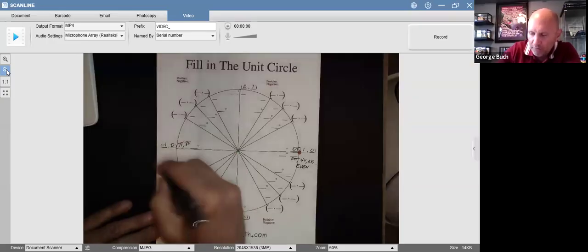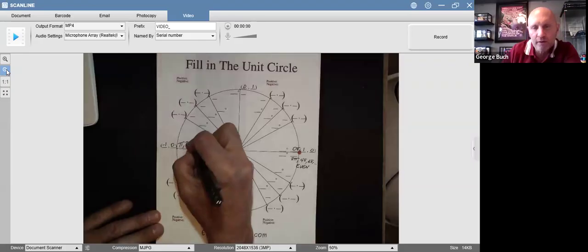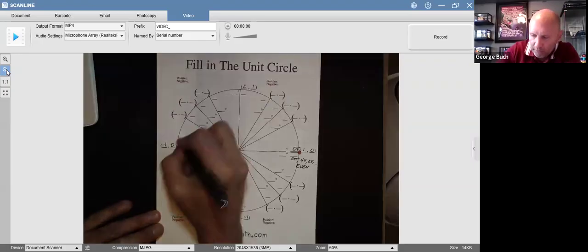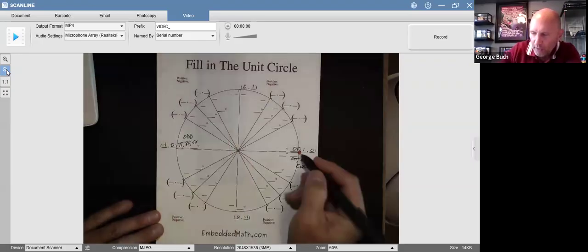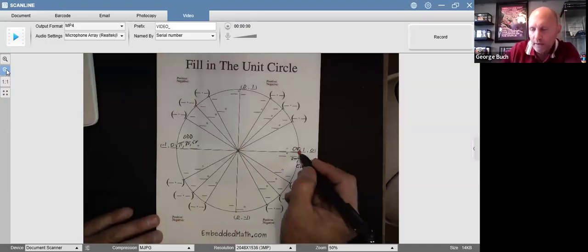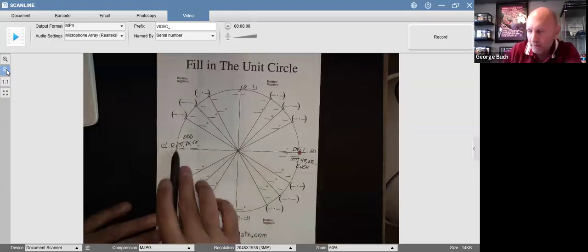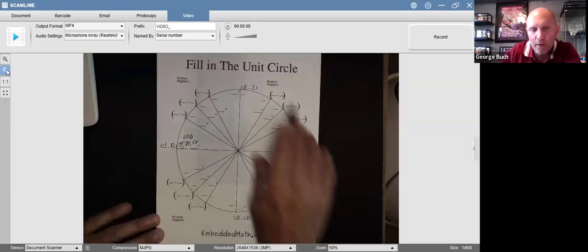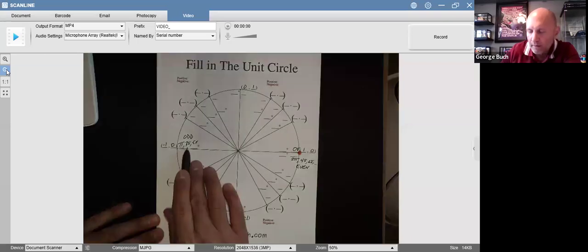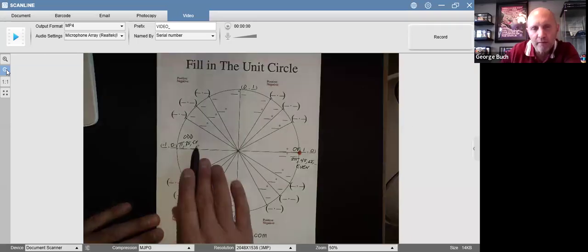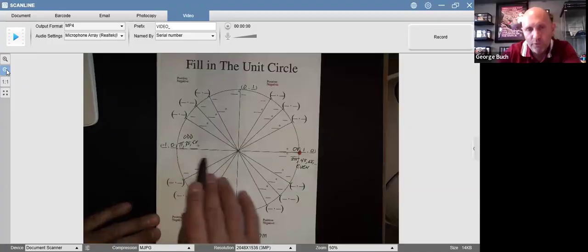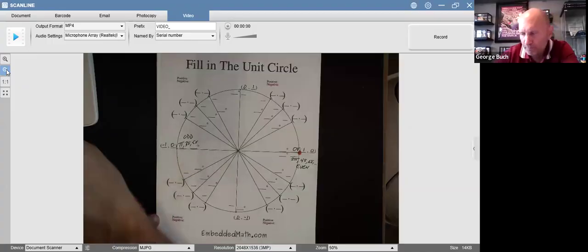Go around again, 5 pi, etc., etc. So these are all the odd values. So if I started at the red, went around to this point, I went a distance of pi. If I go all the way around again, add 2 pi, so 3 pi. Add 2 pi again, 5 pi. And so that's how we know that value there.